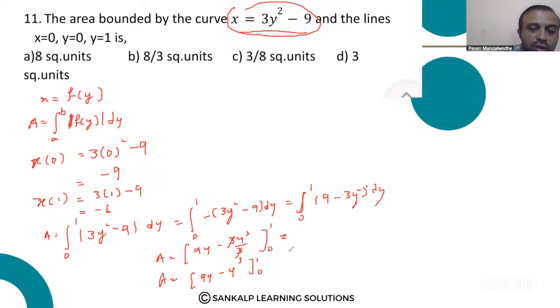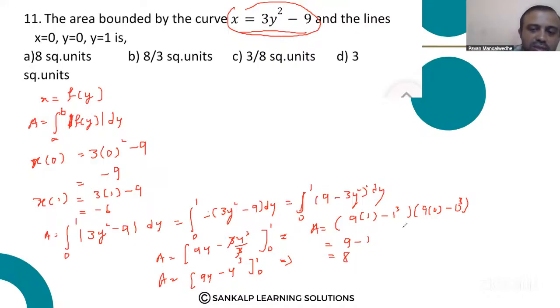So now A is equal to 9 into 1 minus 1 cube, minus 9 into 0 minus 0 cube. So 9 into 1 minus 1 is 9 minus 1, which is 8.